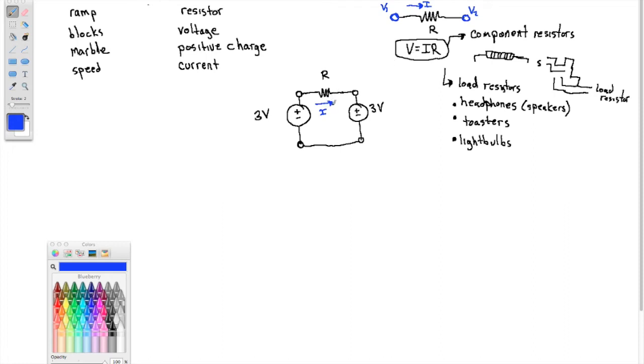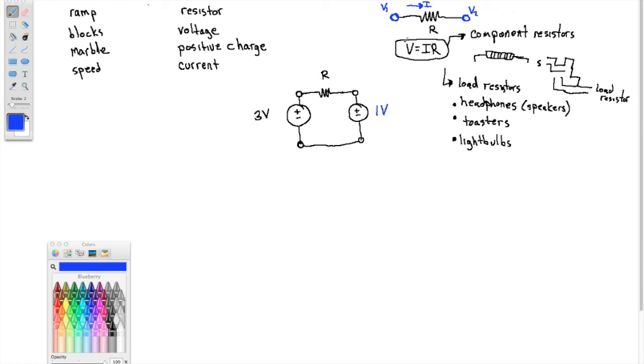What if we wanted a current now? Well, we would have to change the voltage difference. Right? We'd have to change it to, let's say, we can change one of the ends if we like. We maybe change this end to 1 volt. Now there's a voltage difference. Okay, this side is higher than this side.